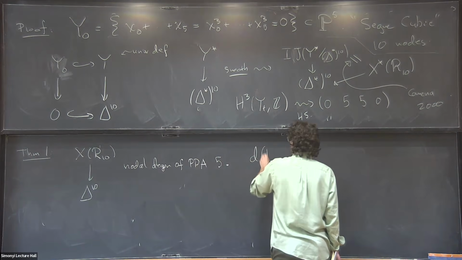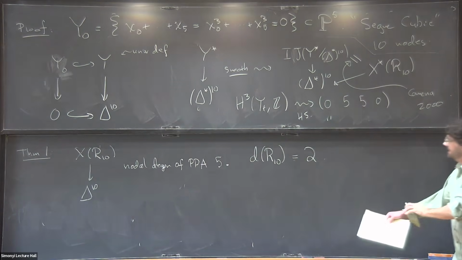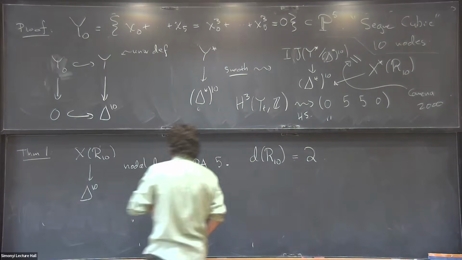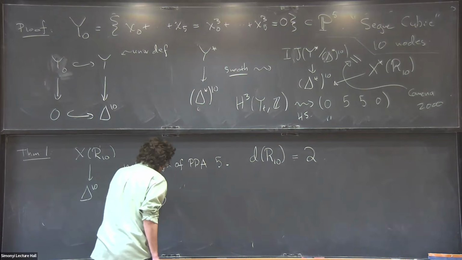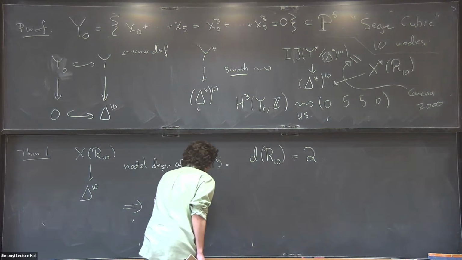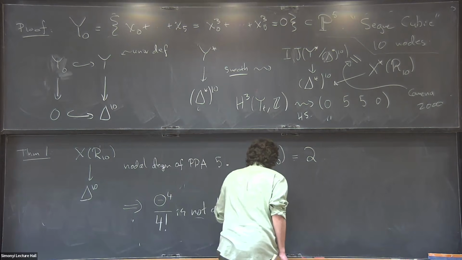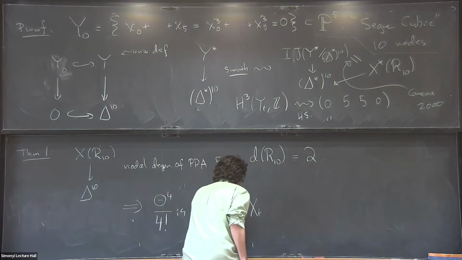And now we apply theorem 2. So this d of R10 is equal to 2. And so that implies that theta to the 4 over 4 factorial is not algebraic on X_t, a very general fiber of this degeneration.